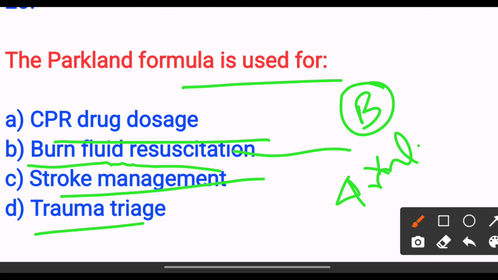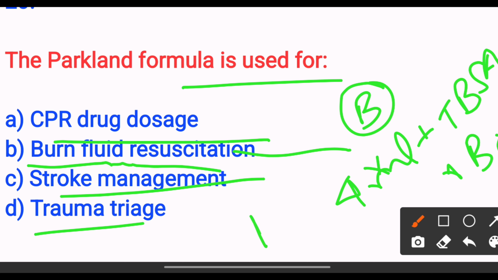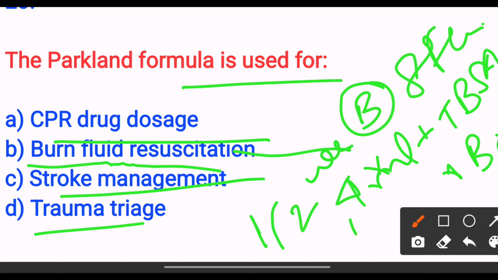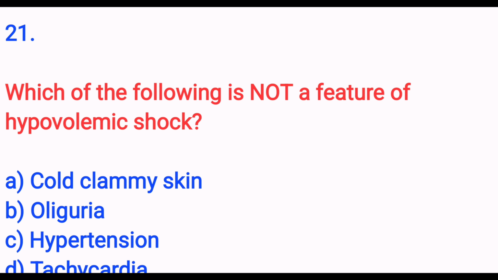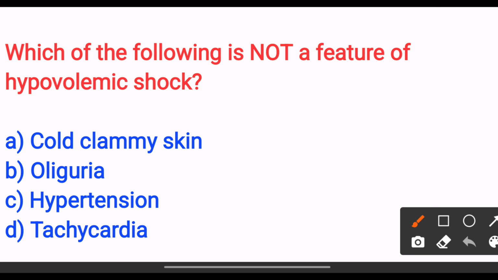The formula is 4 ml into TBSA, total body surface area, into body weight. Half we are giving in the first 8 hours, and the remaining half we are giving over the next 16 hours.